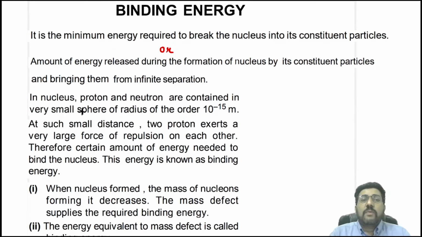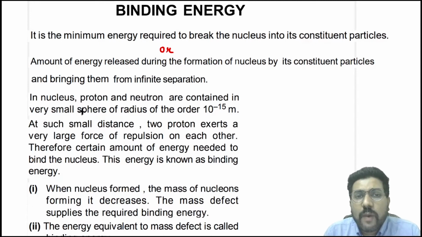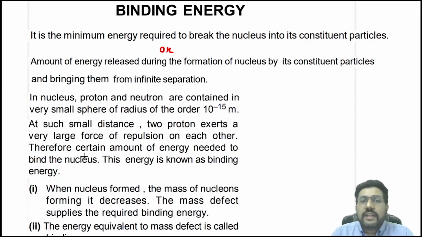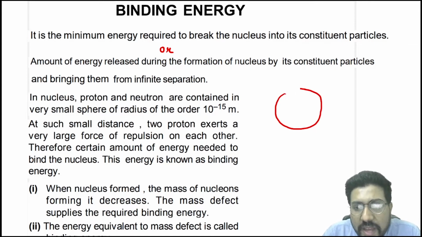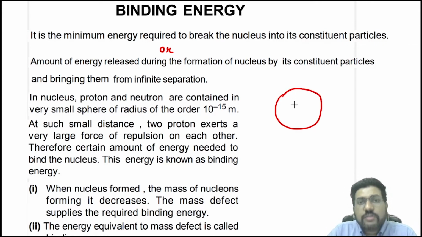Okay, now we will discuss what is binding energy. Binding energy is defined as the minimum energy required to break the nucleus into its constituent particles and separate them up to infinity. So, binding energy means you have to break the nucleus, because you know that whenever nucleons come together and form a nucleus, it increases stability, right?